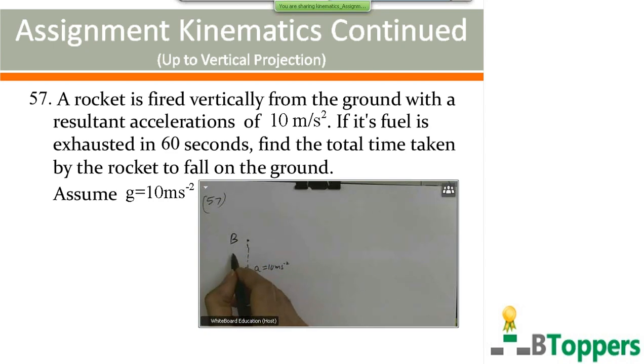Let us suppose the rocket moves from A to B in the first 60 seconds before the fuel is finished with uniform acceleration of 10 meters per second square. Let S1 be the distance covered by the rocket in the first 60 seconds before the fuel is finished. After the fuel is finished, it begins to move with retardation.